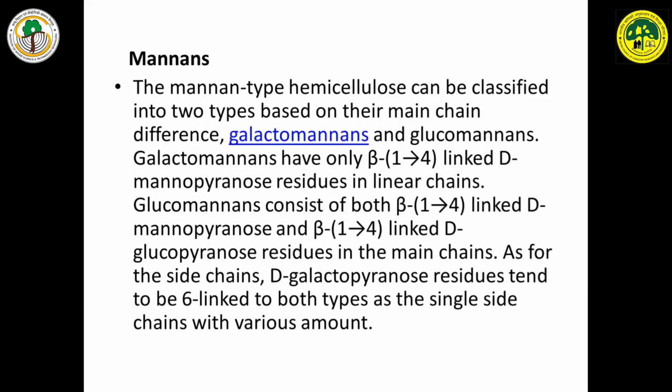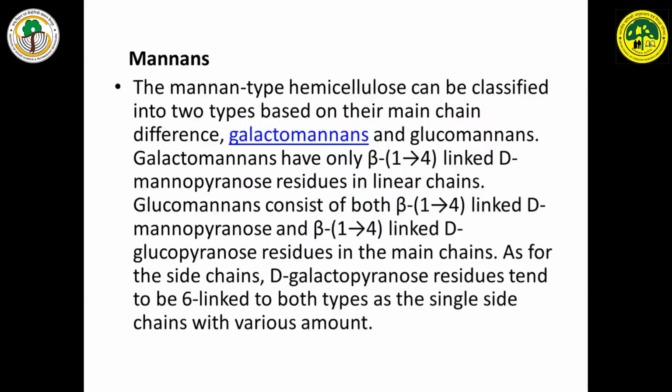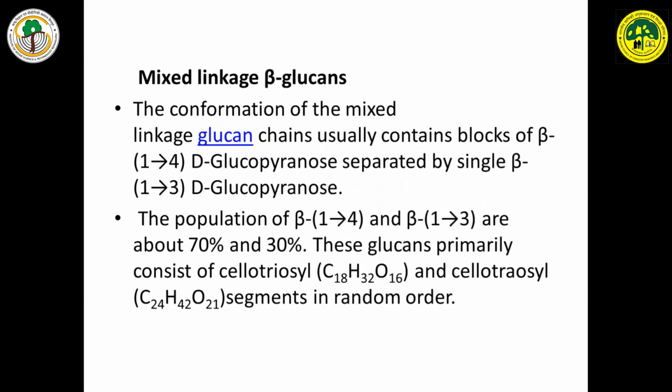As for the side chains, D-galactopyranose residues tend to be 6 linked to both types as single chains with various amounts. Here the figure is not given, sorry. So actually here in the sixth position of either galactomannans or glucomannans, the galactose unit is present. So that is in the case of mannans.